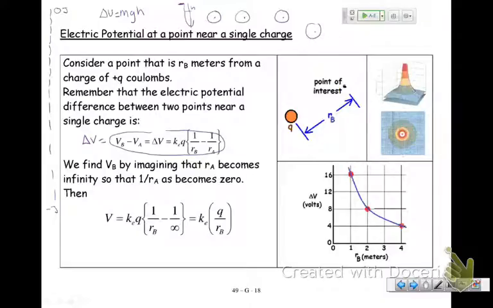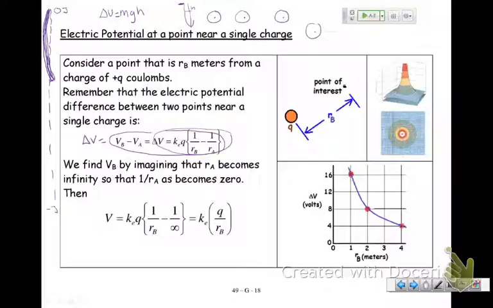So, okay, if I know the equation for the potential difference, why can't I find my potential by asking what's the difference between here and the outside, the edge of the universe, infinitely far away from all masses?